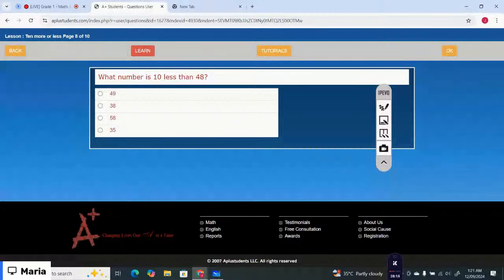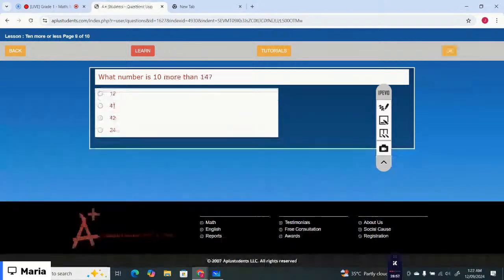So 48 take away 10 is, very good. 10 less than 48 is 38. Option number 2 is the correct option, right?